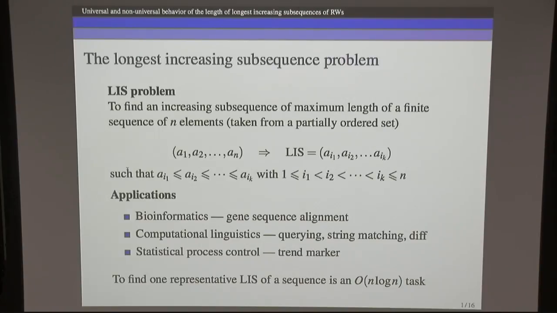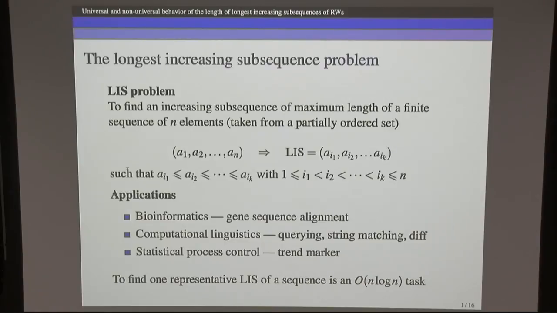This is a very ubiquitous problem, very common in computer science and applications in general. For instance, in bioinformatics, you want to align gene sequences, and this is a problem of finding common subsequences. But finding a common subsequence is the same thing as finding an increasing subsequence. You just order one of them and look for that order in the other. So this is in fact the same problem. In computational linguistics, there is the diff that we have in Unix.